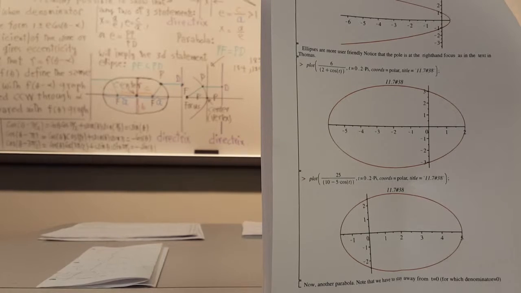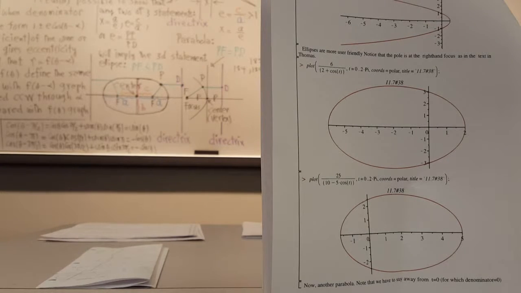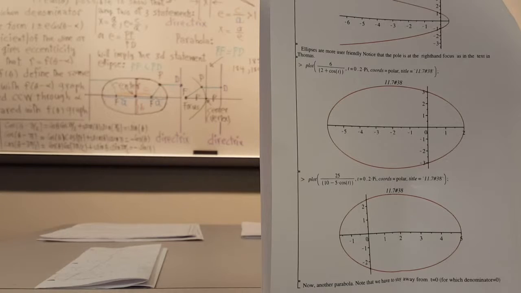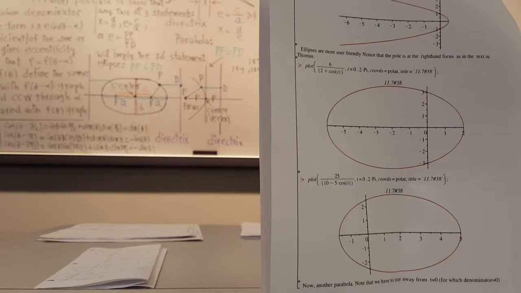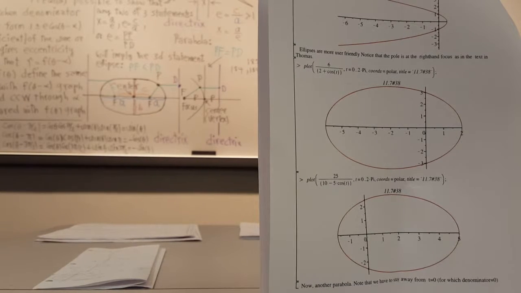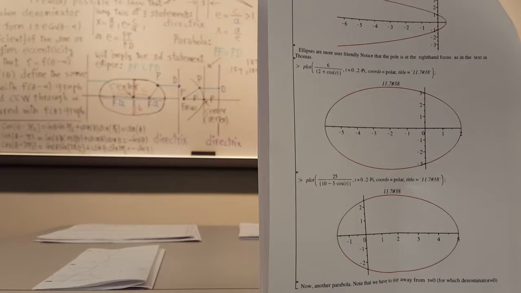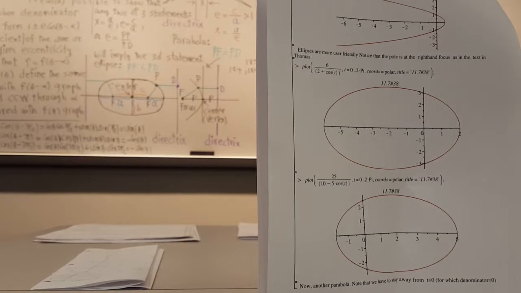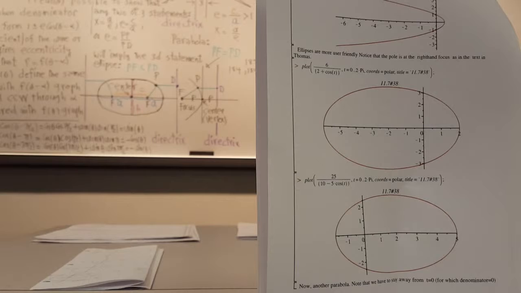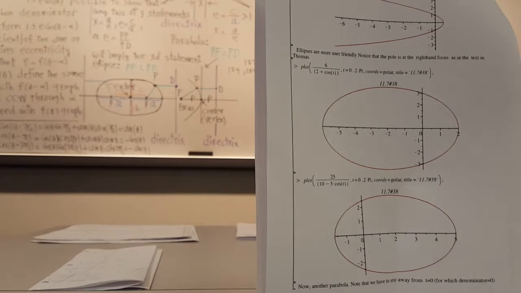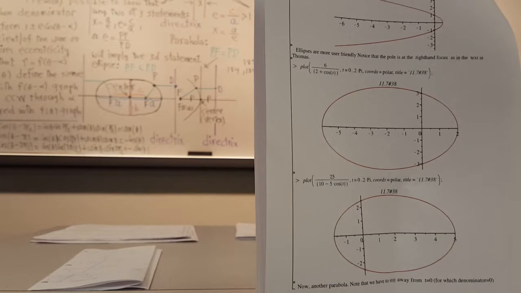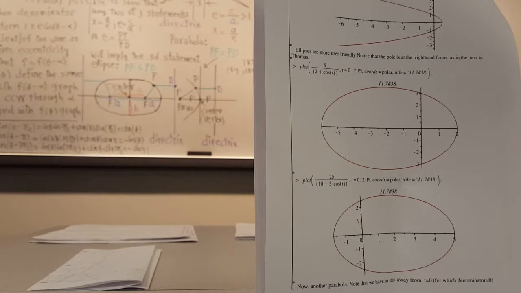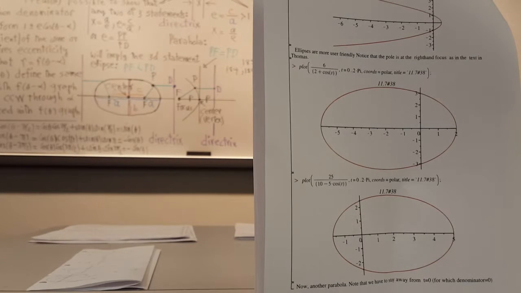And you see it's like the EK over 1 minus a half cosine t, and so therefore you have your pole at the, you can either think of it, you have the pole at the left-hand focus, or that you have the pole at the right-hand focus and you rotated it around 180 degrees.